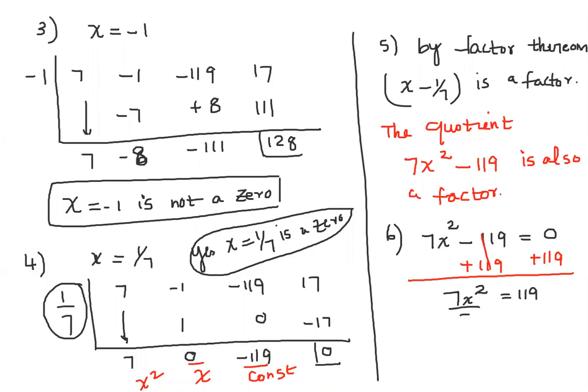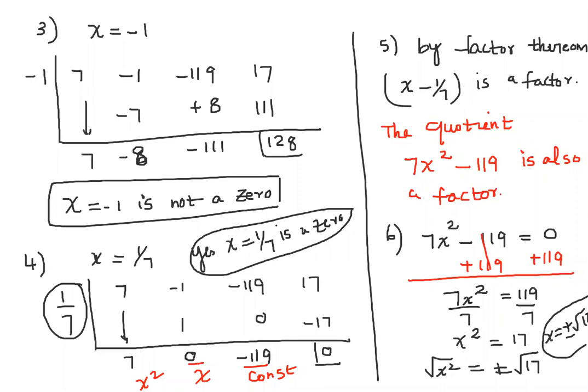And divide by 7. So we get x squared equals 17. So x is, by taking square root, we can get the x. So x equals plus or minus square root of 17.